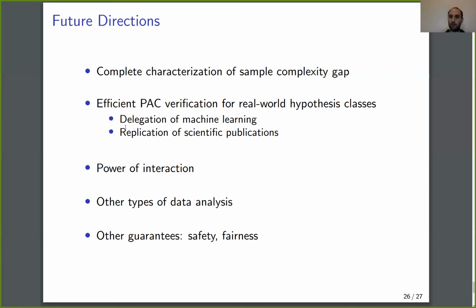For instance, maybe we want the hypothesis to be algorithmically fair in some sense, or we want it to be safe, like a self-driving car, and we want some guarantees that it is safe. Those are different kinds of properties that the hypothesis can have with respect to the unknown distribution. One could imagine developing verification interactive proofs for those properties, not for the accuracy, or in addition to the accuracy.